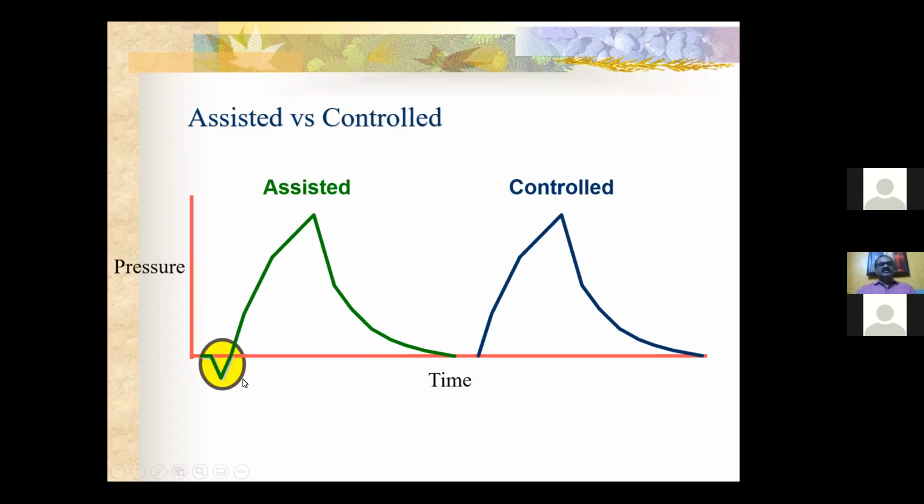Okay, this shows that this particular inspiration or cycle is an assisted one. And if you see the second one, the blue one, there is no inspiratory downward deflection of the pressure waveform. And that shows that it's a mandatory breath or a controlled breath.